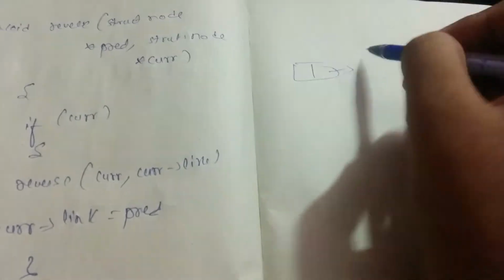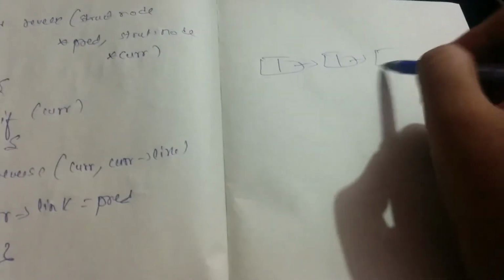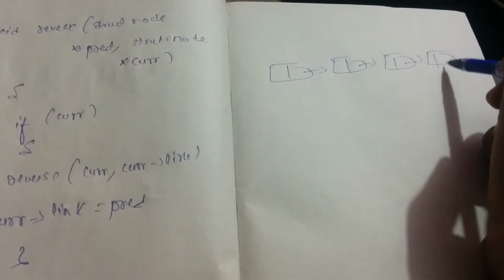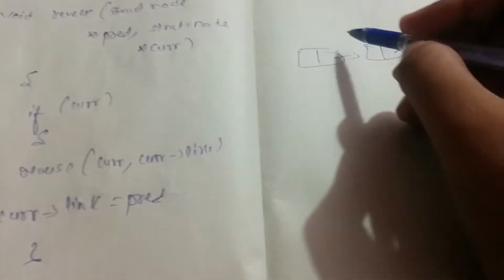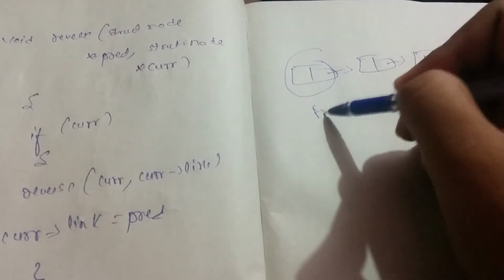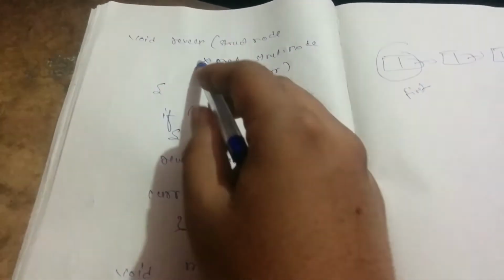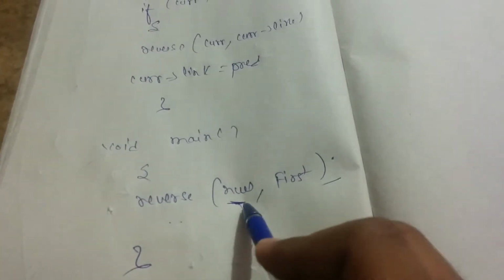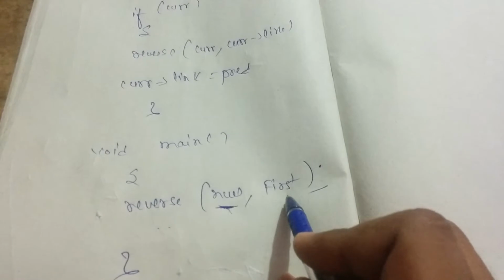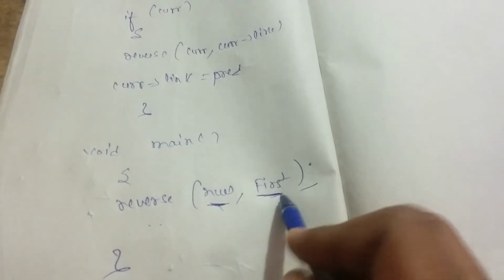What I am doing here, you see this? These are the links. This is a linked list. This is the first node. What I am passing to the reverse function is null as the predecessor node to the first node, and the address of the first node.